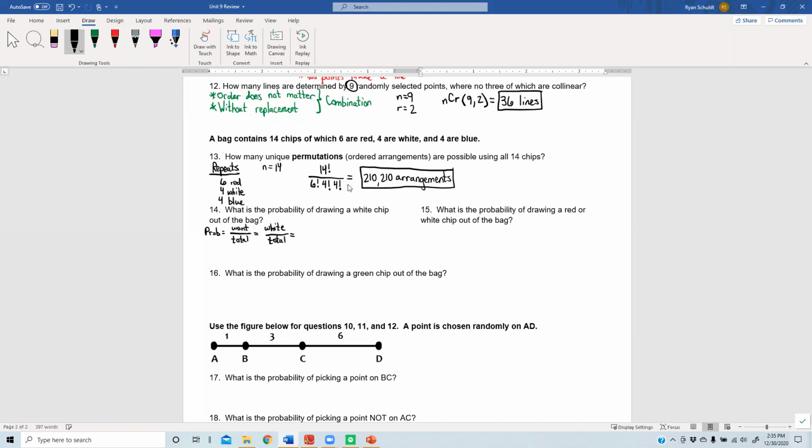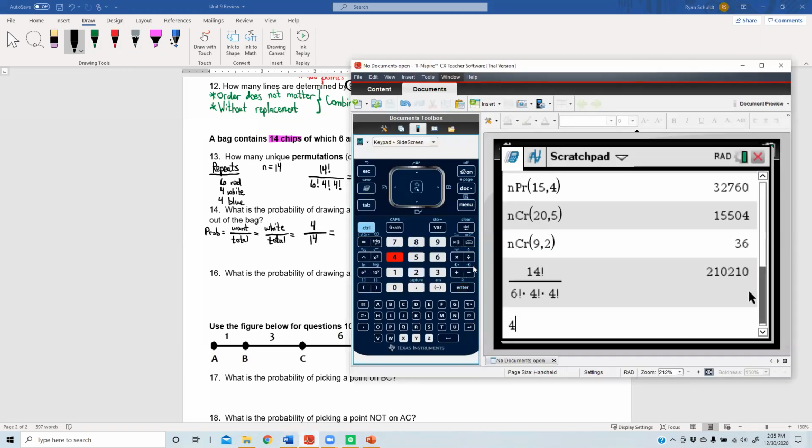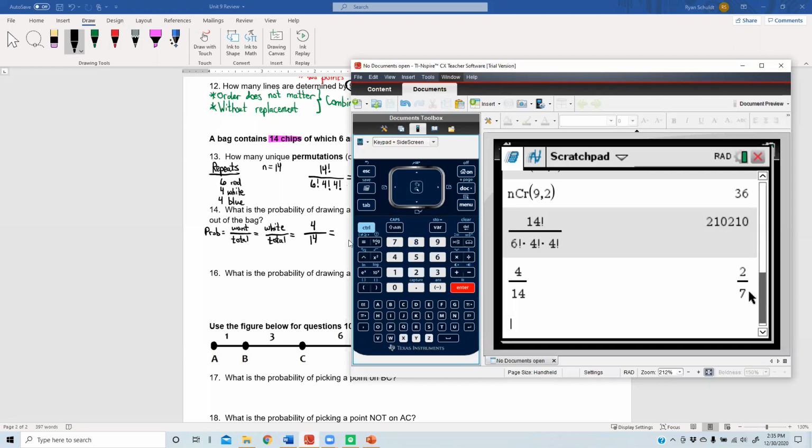Well, how many white are there? How do I know white? Because that's what they ask, white. How many white are there? There's 4 white. How many total? A bag contains 14 chips. So 4 over 14. If I do this in the calculator, 4 divided by 14, they tell me it reduces to 2 over 7.